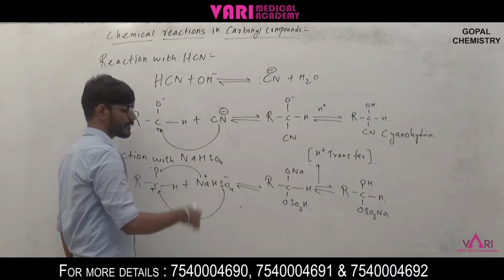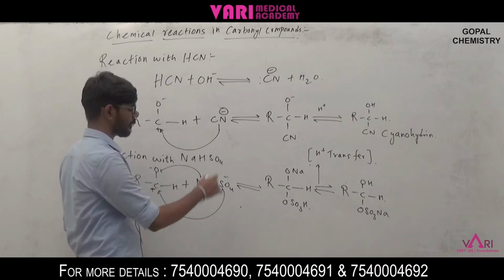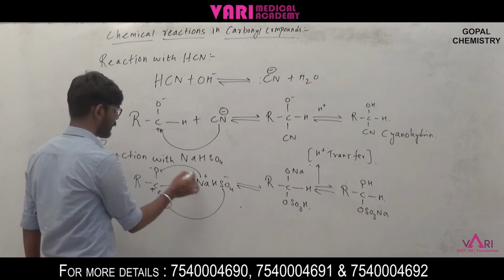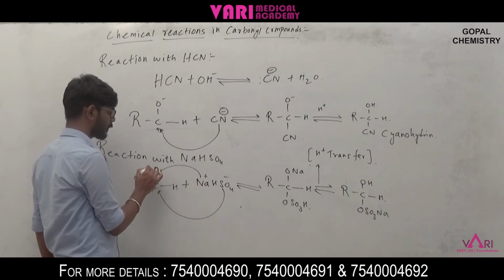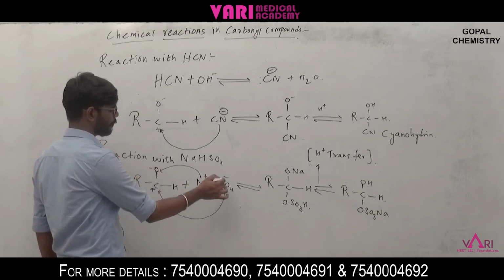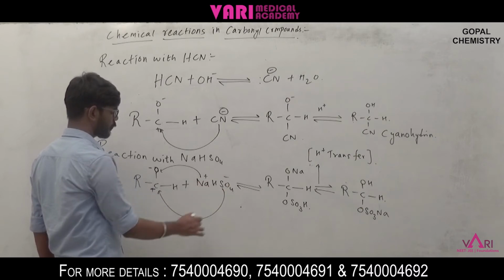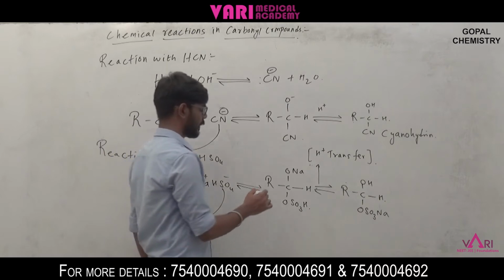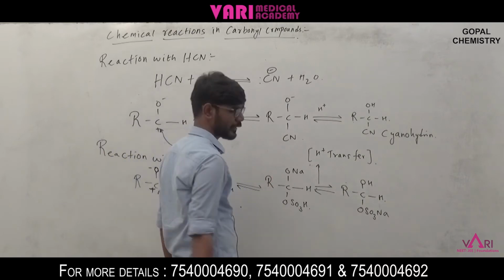Here sodium is in the positive state and HSO4 minus is the anion, the bisulfate anion. The Na has to go to this oxygen anion, and this bisulfate anion, the nucleophile, has to attack this carbocation. As a result, this is an intermediate.